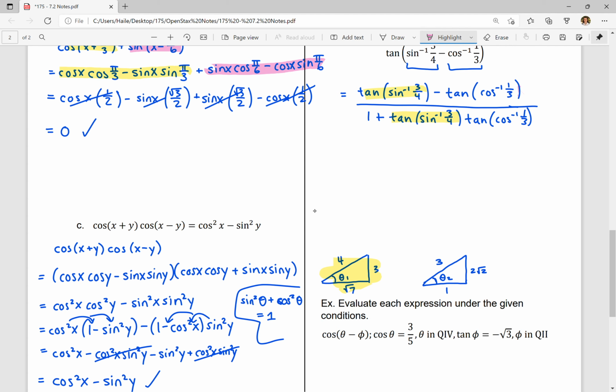The last two expressions are going to come from the second triangle. Okay, so let's substitute those values.